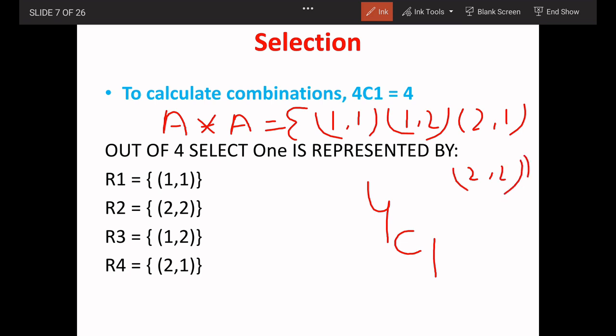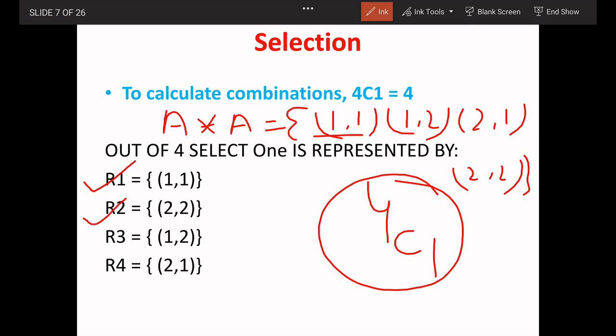Out of these 4, I am selecting 1, so there are 4 ways. Either you select only 1 1, or 2 2, or 1 2, or 2 1. So 4C1 is equal to 4.